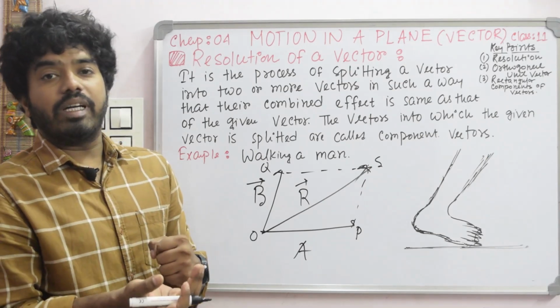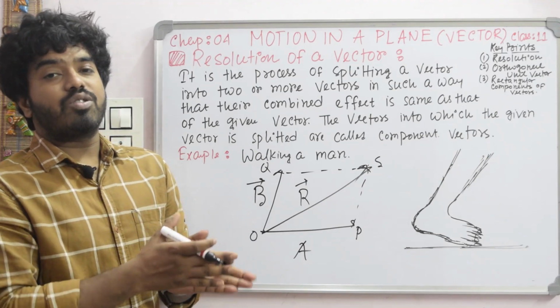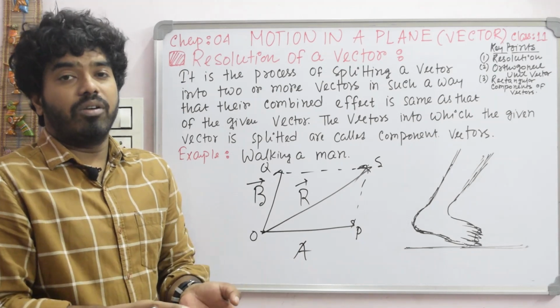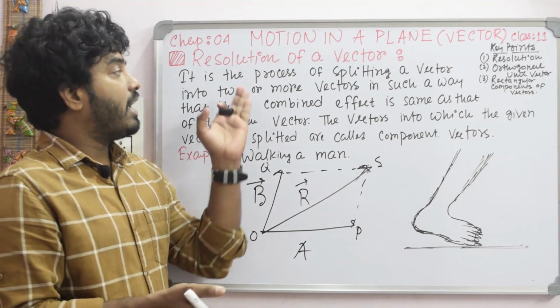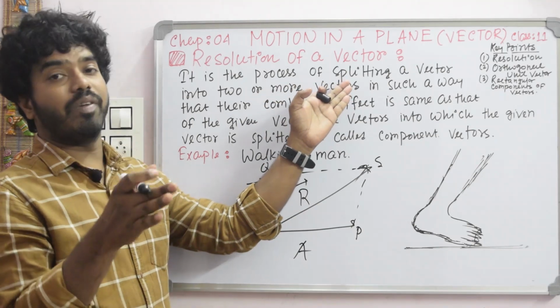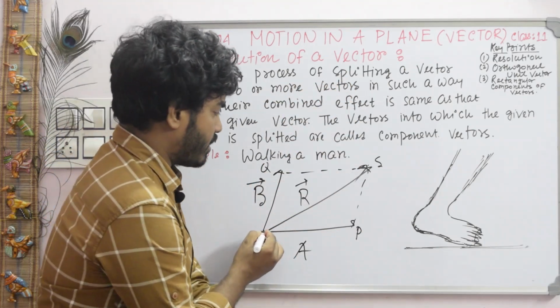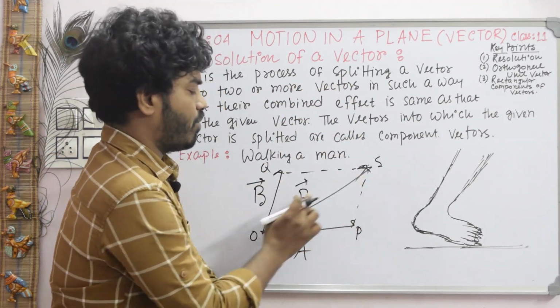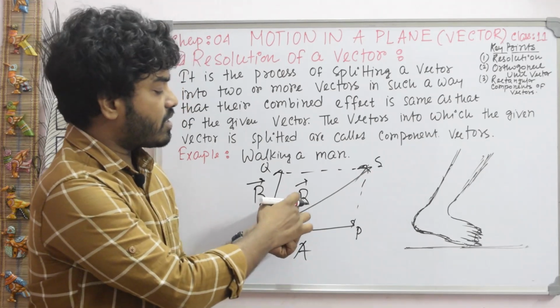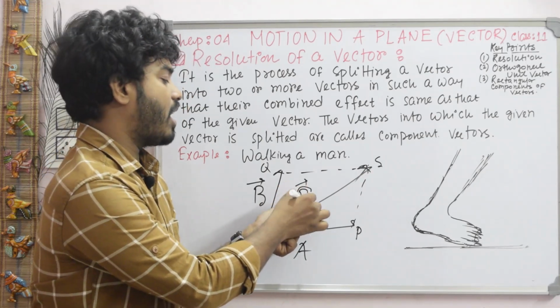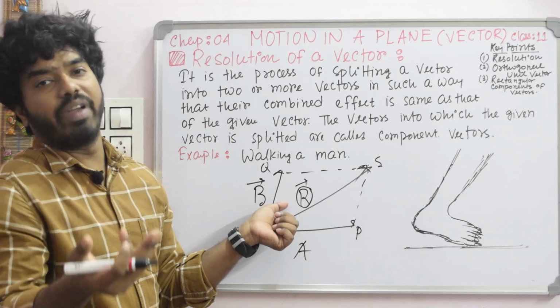And resolution of vector, you can say, is just the opposite of the addition law. That means it is the process of splitting of a vector. Suppose this is our vector, OS, which represents vector R. Now you just split this vector R into 2 or more vectors.